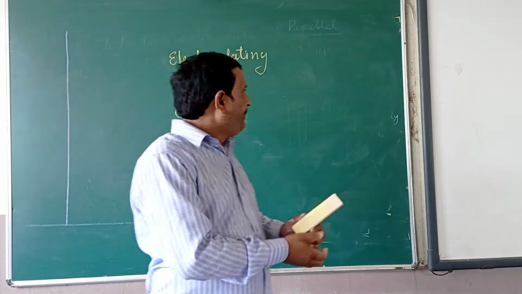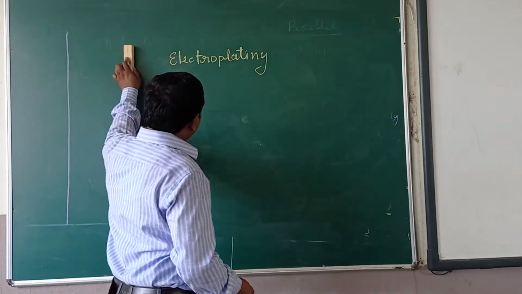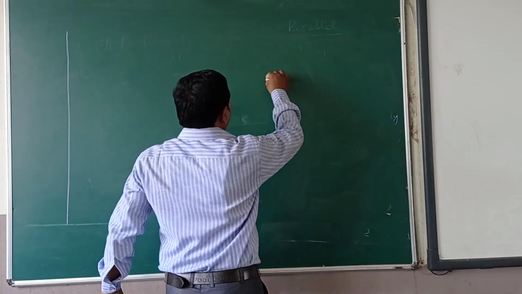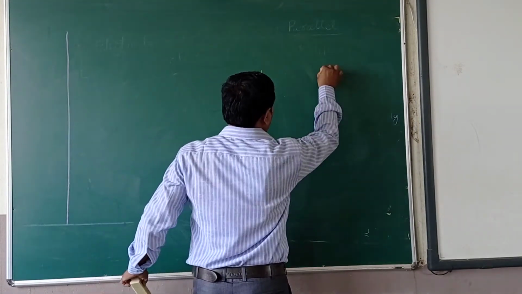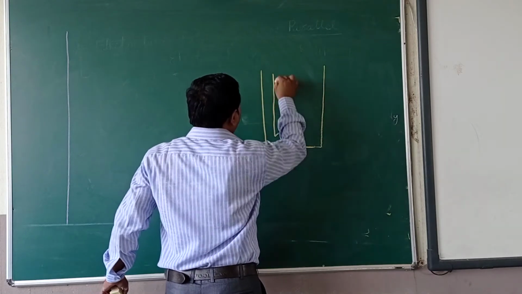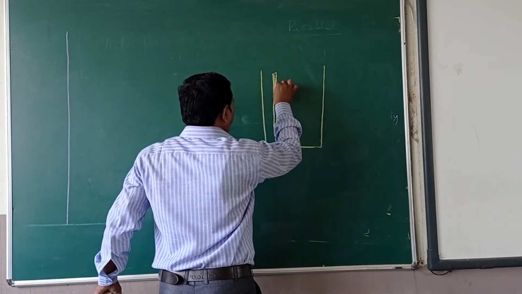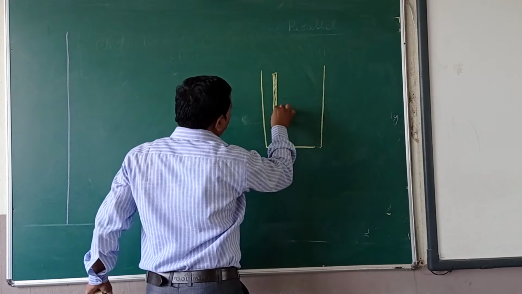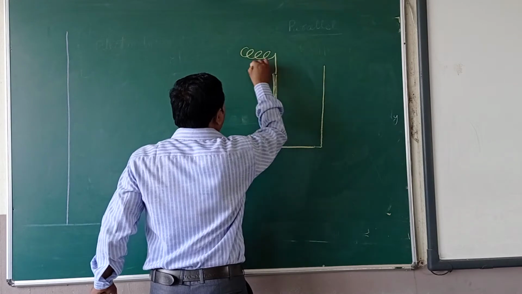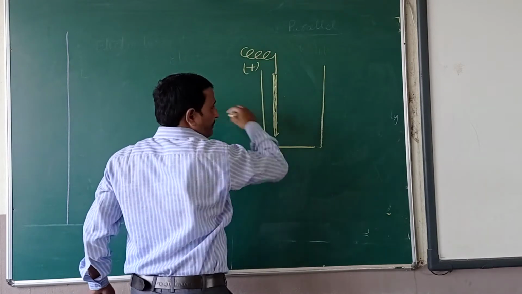Okay, I am going to explain the electroplating of a key with nickel. All the setup is like this. This is a nickel rod you take. Remember that the material which is used for electroplating is always kept at the anode, means the positive terminal.